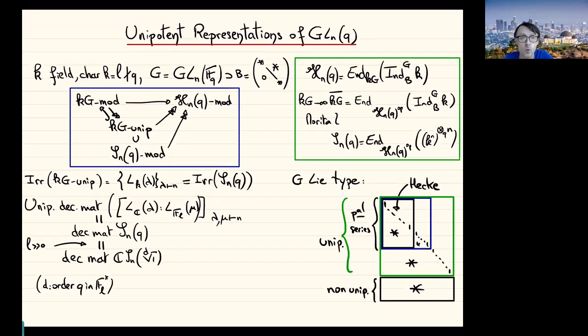It will grow as a larger and larger power of L divides q^d minus 1. q^d is 1 mod L, and the larger the power of L dividing q^d minus 1, the more of those non-unipotent rows you will have in your decomposition matrix.